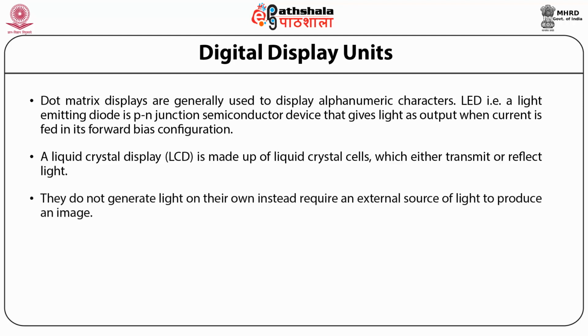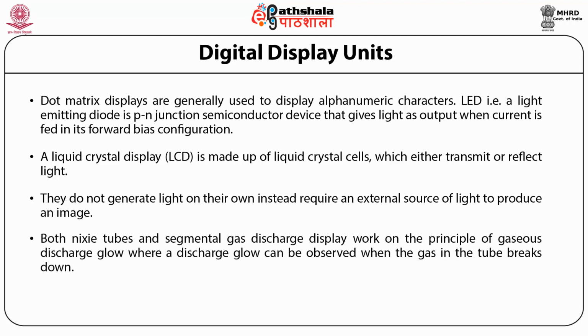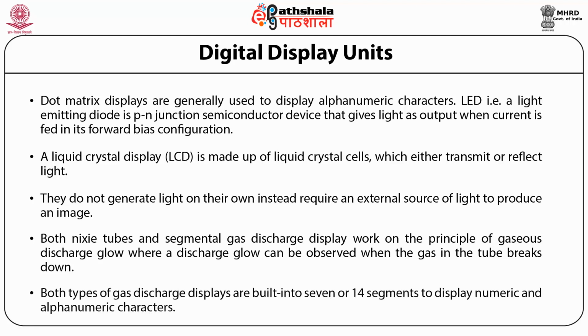They do not generate light on their own, and instead require an external source of light to produce an image. Both Nixie tubes and segmental gas discharge displays work on the principle of gaseous discharge glow, where a discharge glow can be observed when the gas in the tube breaks down. Both types of gas discharge displays are built into 7 or 14 segments to display numeric or alphanumeric characters.